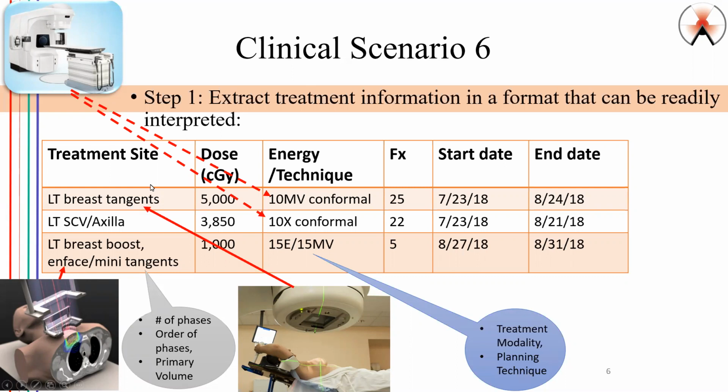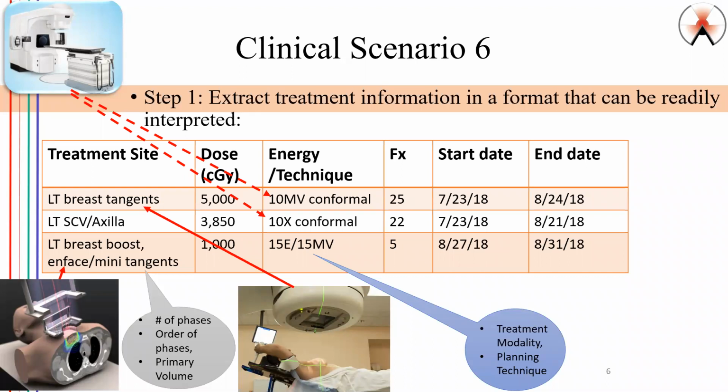There are some facilities that actually give you the treatment summary in table format, which can be very useful as well. So in my mind, I look at it as a table format, and at the moment I see the beam energy, it tells me the equipment that was used to deliver the radiation therapy treatment to this particular patient.